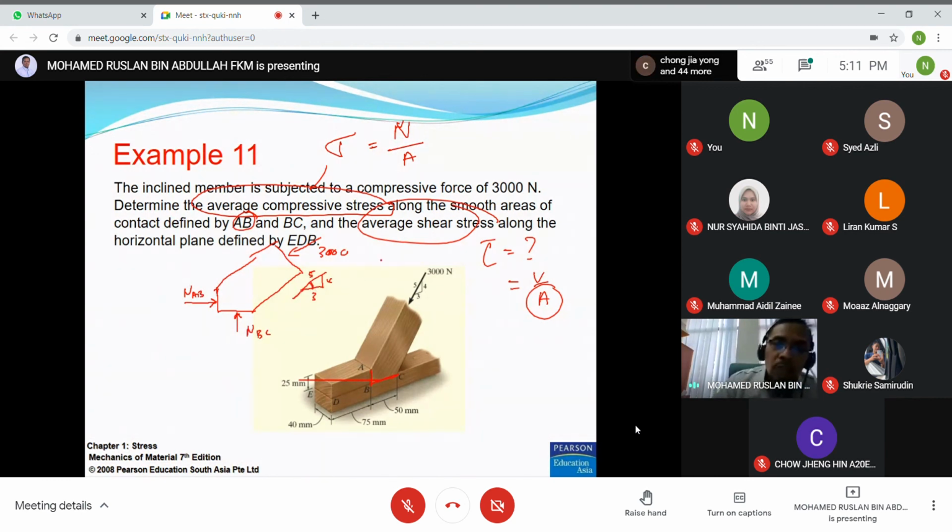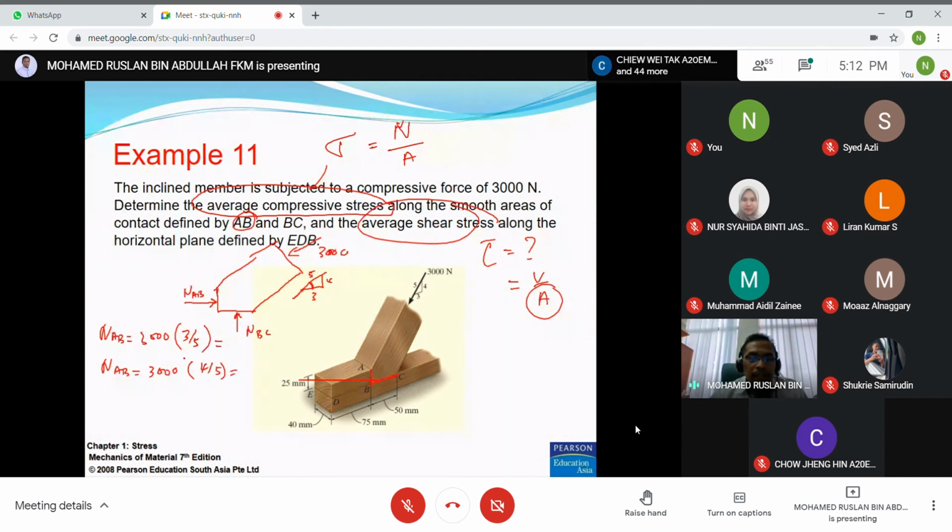From this diagram, you can determine NAB. NAB equals 3,000 times 3 over 5, and NBC equals 3,000 times 4 over 5. This is the normal force in the AB direction and the BC direction.